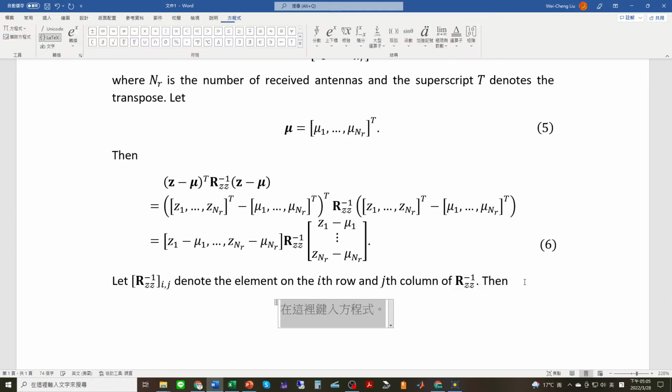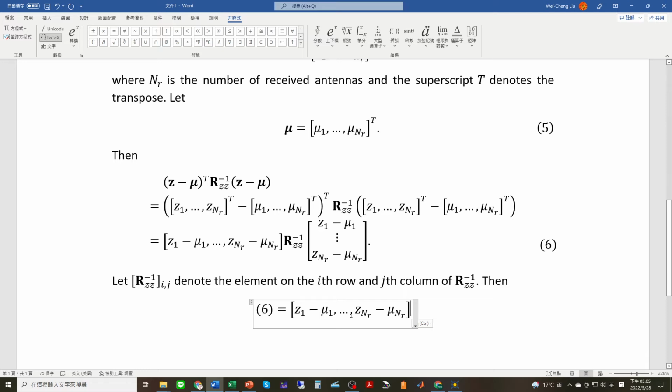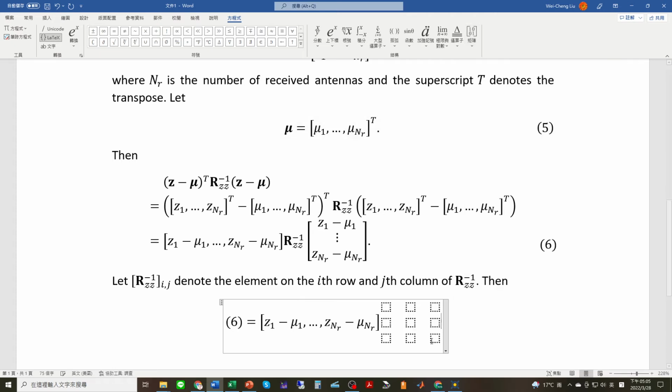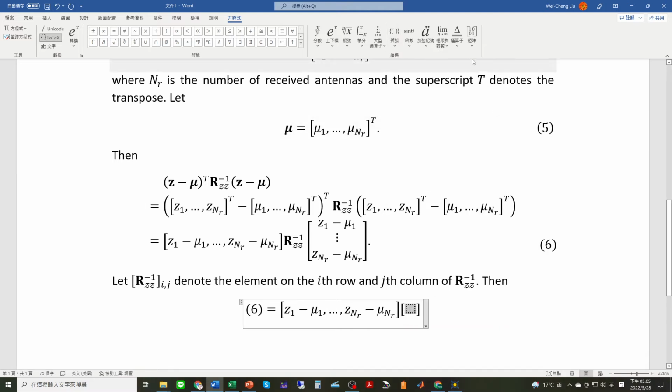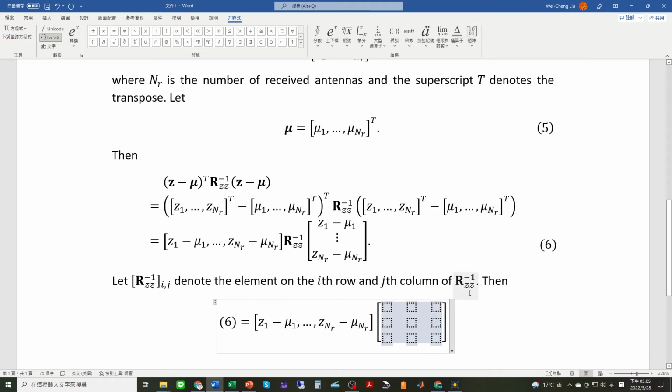Then equation 6 is equal to, this is the same, so I copied here, and RZZ inverse becomes a matrix. I need a bracket first, and I need a big matrix. I need a 3 times 3 matrix.